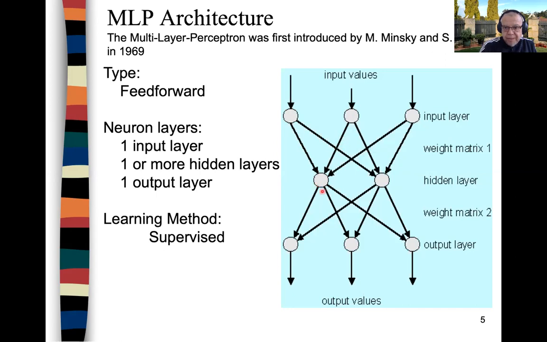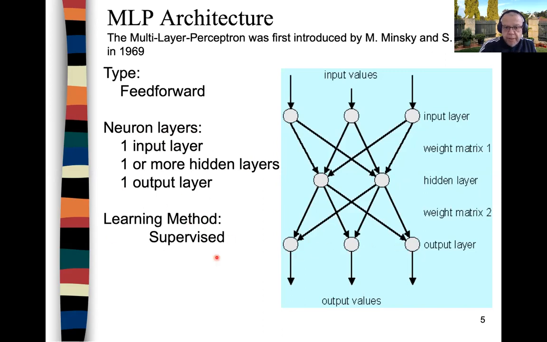You have a net activation, which is fed to an activation function, and that gives you the output, which is fed again to the next layer. So you have one input layer, one or more hidden layers, in this case just one, and one output layer.